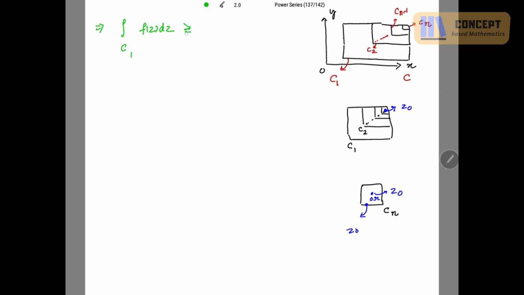This is greater than or equal to 1 by 4 times the mod of the integral over C of f(z) dz. Take this as 1.